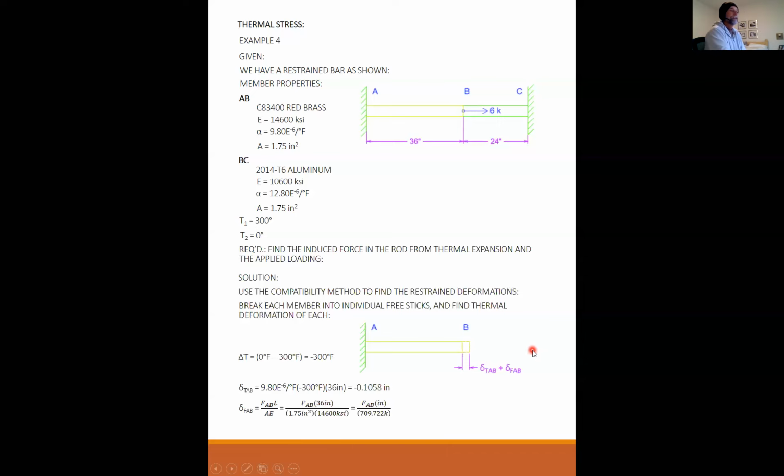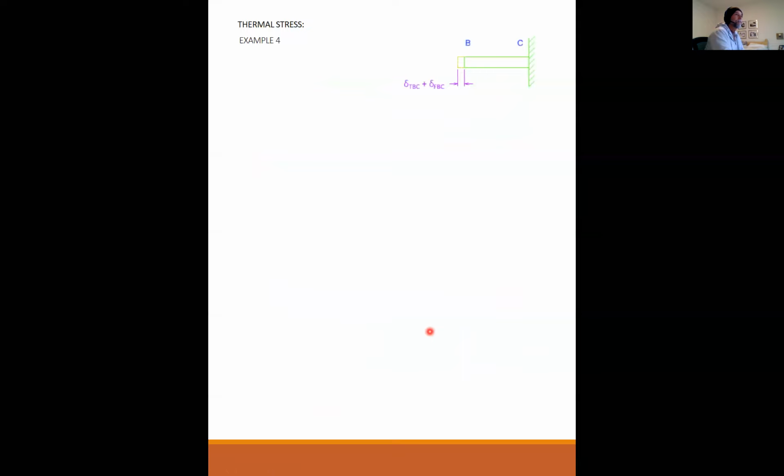So this was the free body diagram investigating rod AB, and I have two sources of deformation now. I now have a temperature source and a force-based source, okay? Now let's go to rod BC, and I have the two sources again. I have the temperature-based source, which is alpha delta T times L, which is 0.0922.